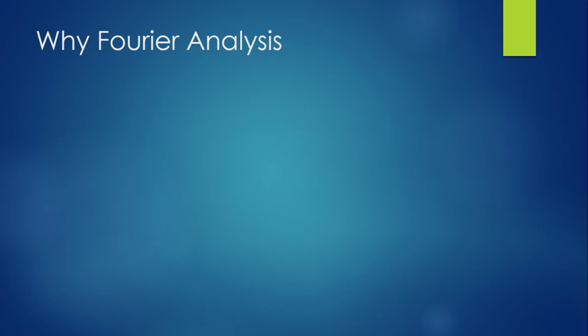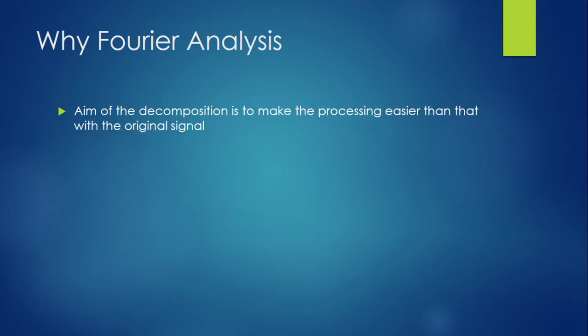Now, why Fourier analysis? What is the importance of Fourier analysis? Why are we decomposing a signal into sine waves and cosine waves? The aim of the decomposition is to make the processing easier than with the original signal.